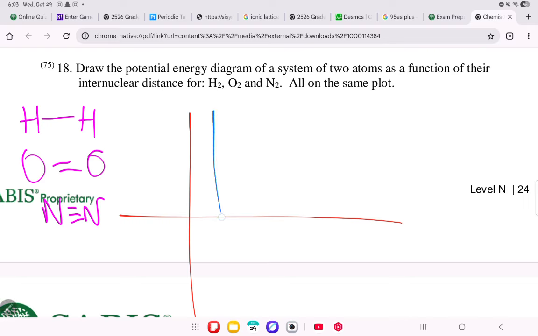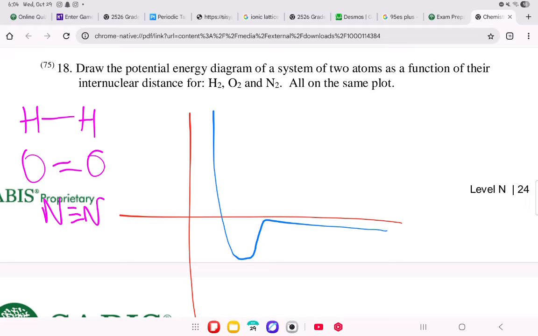Let's say, for example, this is hydrogen. Now, let us say the black is N2. N2 has probably the longest bonds, okay? And will require the most energy to break because it's a triple bond. So it's not the longest bond, my bad. It has the intermediate. N2, because it's a triple bond, has an intermediate bond length, right?